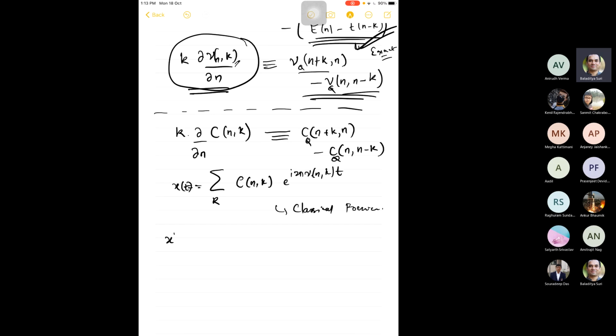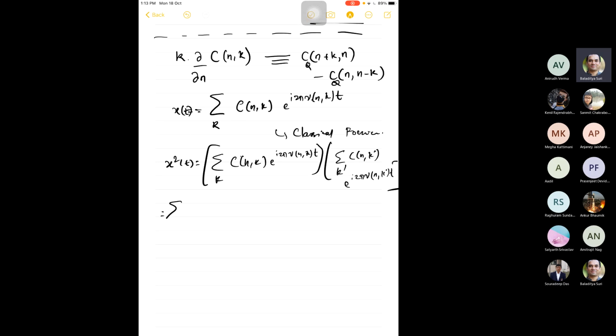How do we deal with x squared of t? Classically, you write the sum of C(n,k) e to the power of i 2 pi nu(n,k) t, and you take another copy of it with some other dummy index, C(n,k') e to the power of i 2 pi nu(n,k') t. This is how you construct x squared.